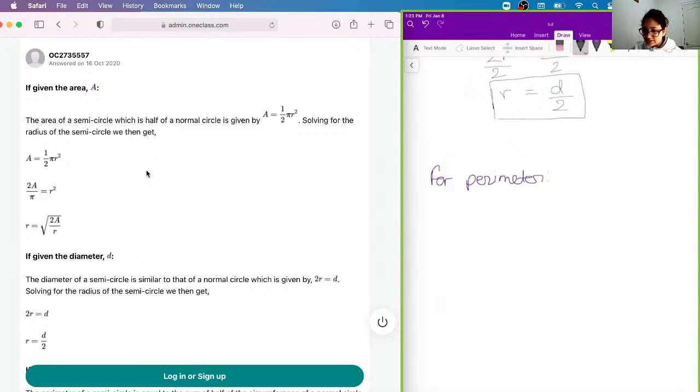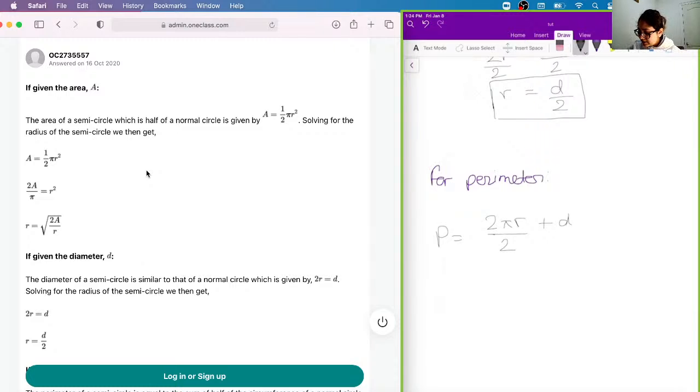Since we're dealing with a semicircle, it is equal to half of the circumference of a normal circle. So the formula for the perimeter of a semicircle would be P equals 2 pi r over 2 plus the diameter.